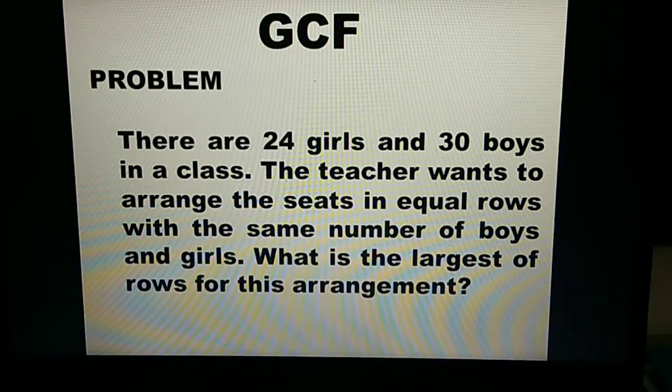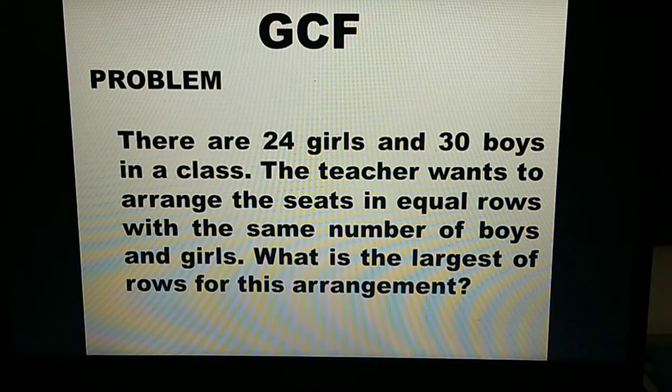Okay. What is asked in the problem? The largest number of rows for this arrangement. Now, what are the given facts? There are 24 girls, 30 boys. Then we are going to plan.